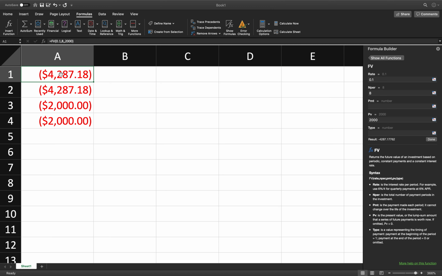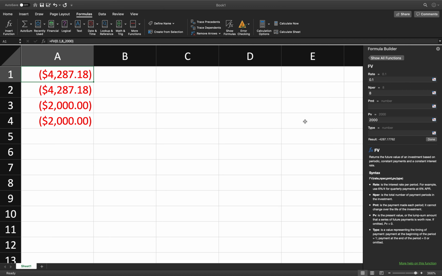If you use this number and calculate all this, it actually means at the end you're going to have 4,287.18, and the negative cash flow to bring it to 0 will be negative 4,287.18.